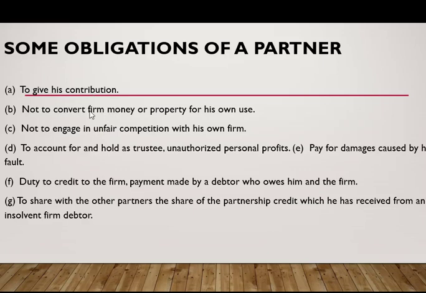So the first obligation of a partner is to give his promised contribution to the partnership. As well, he is prohibited from converting the partnership's money or property for his own use, or he would be liable for estafa. He must also not engage in unfair competition with his firm.